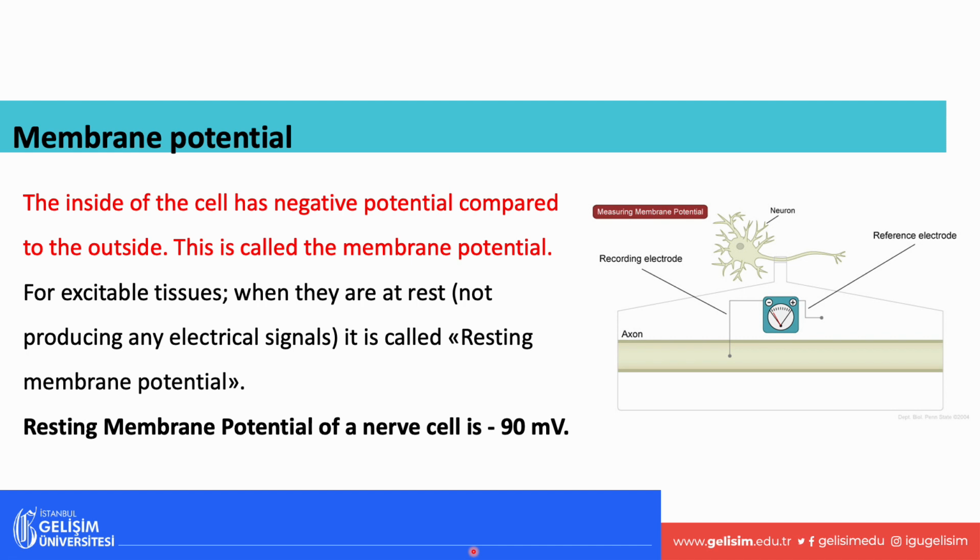So, for example, a neuron, or a nerve cell, uses changes in membrane potential to transmit signals between one another. When a neuron receives a signal from another cell, it briefly depolarizes, meaning that the membrane potential becomes less negative, and this triggers the release of neurotransmitters that carry the signal to the next cell.